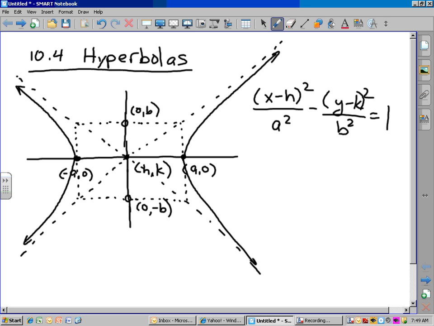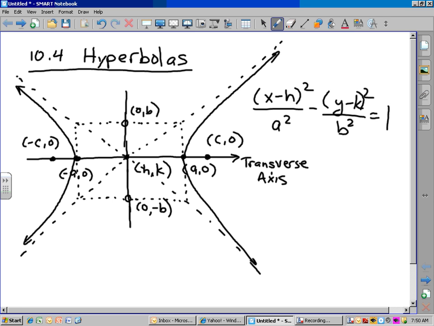Now, the axis where the vertices occur, and I forgot to give you this one, the foci occur at (c, 0) and (negative c, 0). The foci are inside of that curve. This is called the transverse axis. In this case, the x-axis would be the transverse axis.